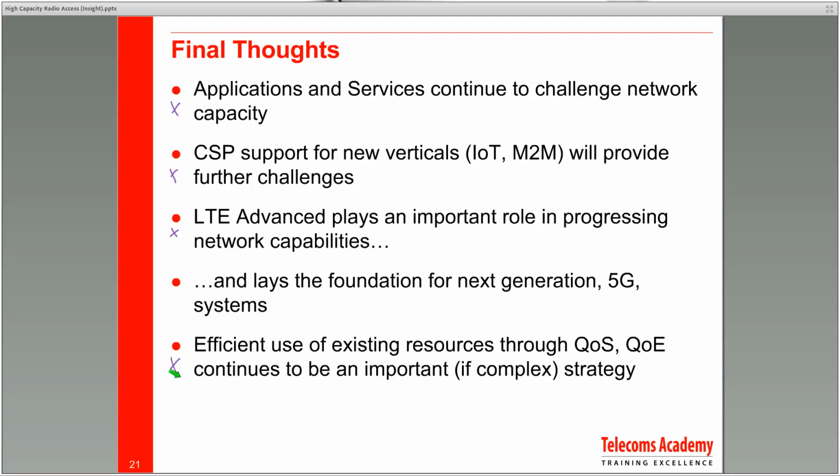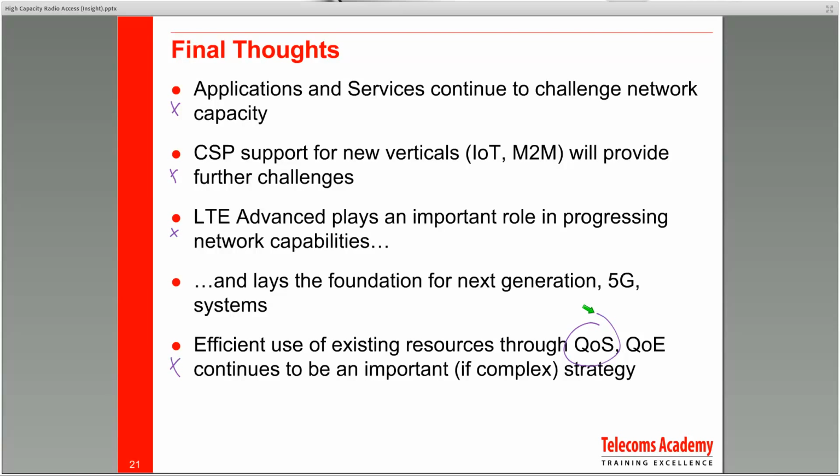So my final point sort of backs up what everybody said right at the beginning, which is reassuring, in that probably things like quality of service, proper engineered quality of service, application dependent, user dependent maybe in the network, that's really going to be a very important way of utilizing the resources that we have.